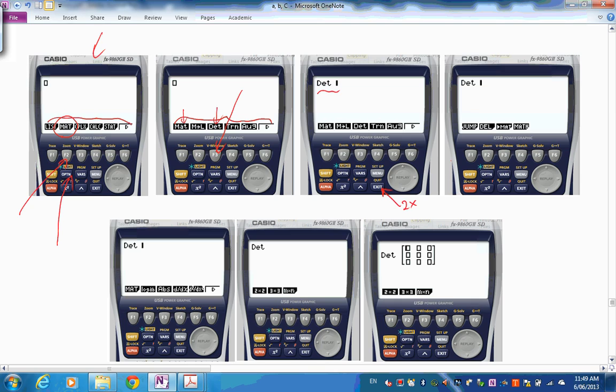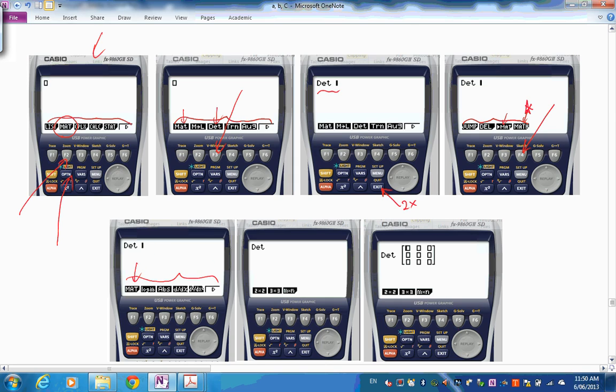Hit exit, exit, and we come back to this original math mode of run where we had math here and mat there. So now what do we want? We want to hit math, so you'll hit F4. So if you hit F4, you get the traditional window here, which has got that math in it.